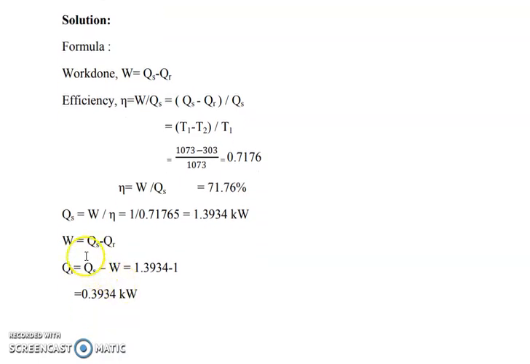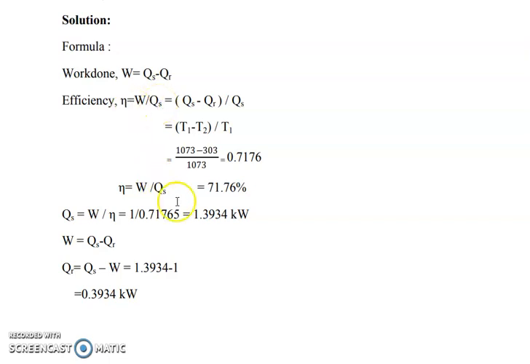We can use any one of the relations. You can use this relation: efficiency equals work done divided by heat supplied. Work done is 1 kilowatt, heat supplied is what we are going to find out.